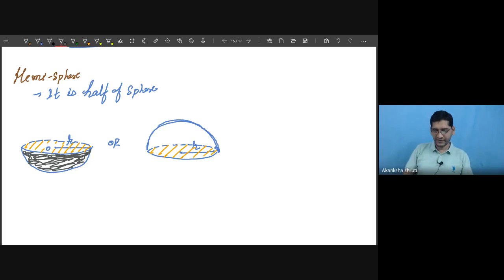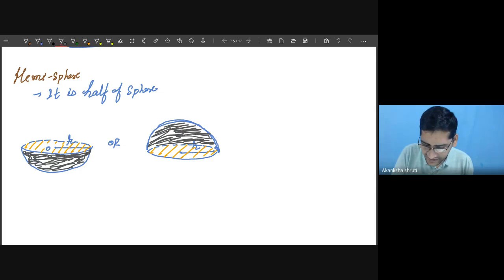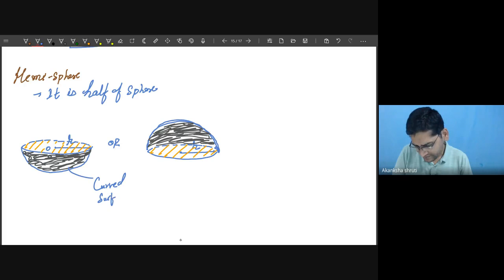So this way, we have two kinds of surface area in this case. One is the curved, another one is the circular. So we can write for this: it is the curved surface area, and this is the circular area.